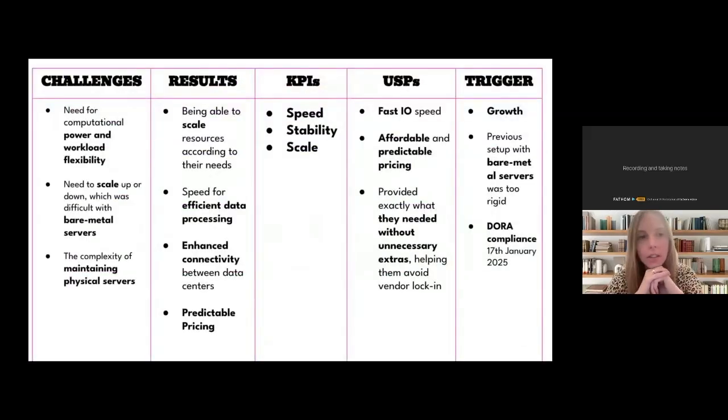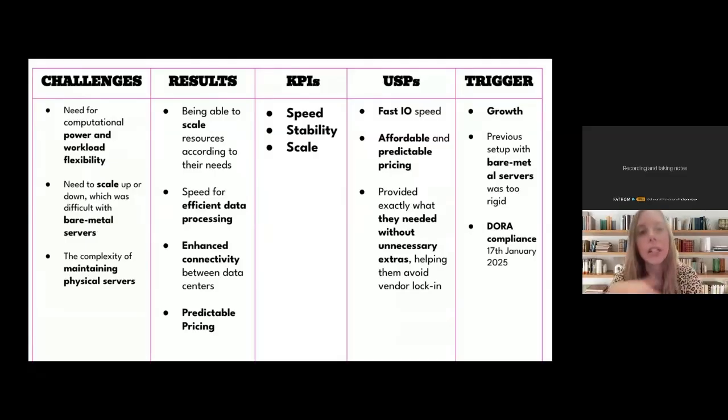So after I interviewed a couple of customers, I found out that most of them were in bare metal, on premise, if you like. And so when you work on prem or with bare metal servers, it's really hard to scale up and down according to the traffic, right? It's also complex to maintain these physical servers, so it added a lot of workload and it was too rigid.